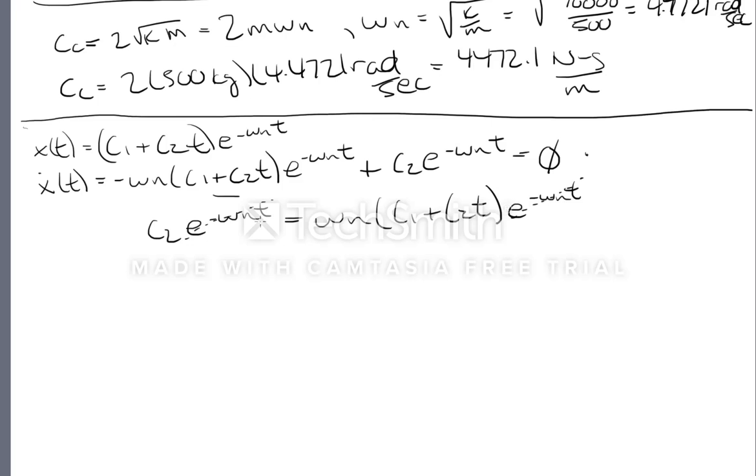So those two terms cross out. Okay, so we are left with, and then I'm going to move the omega n, this term right here, over here. So C2 over omega n equals C1 plus C2t.